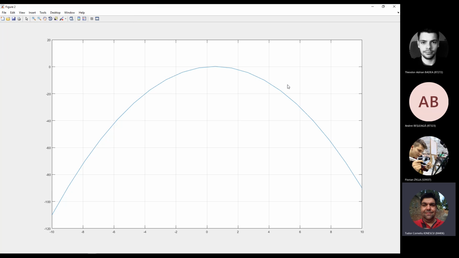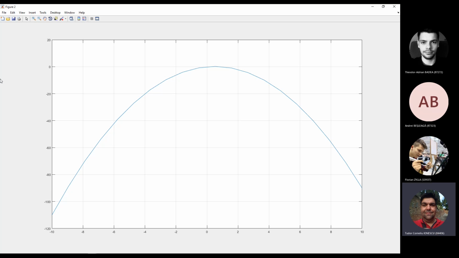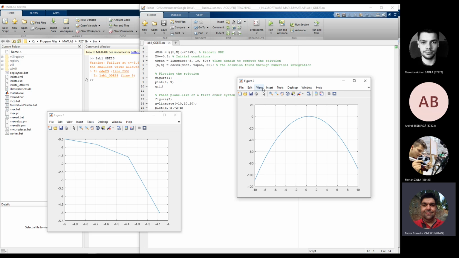Let's look closer at the plot. You see, this is where the equilibrium point is, because this is fx. Maybe I should add a legend. No, an x label. Where do I add the x label? It didn't do anything. This is weird. Okay, so insert x label. No, there is nothing.